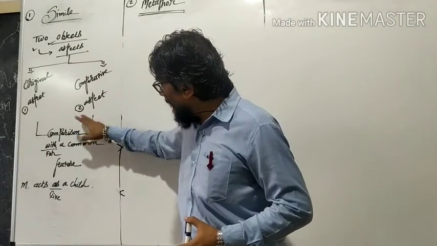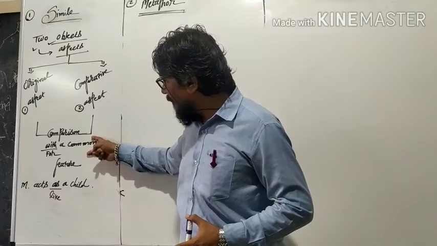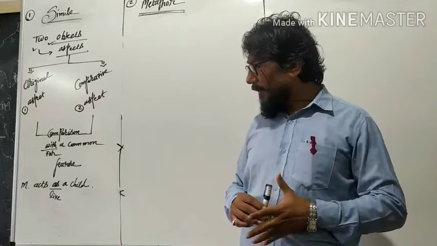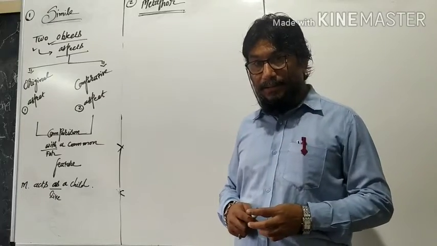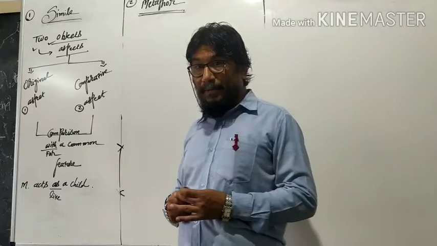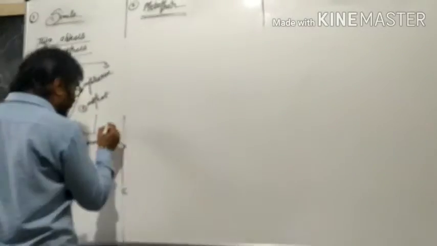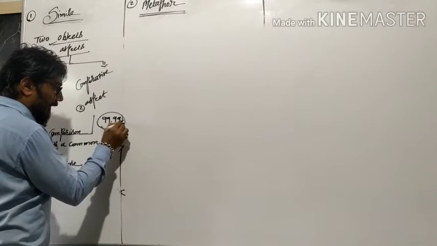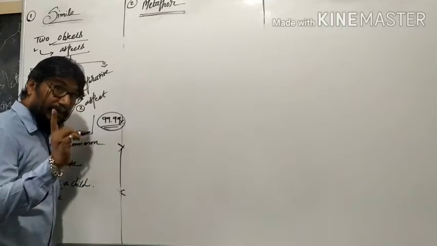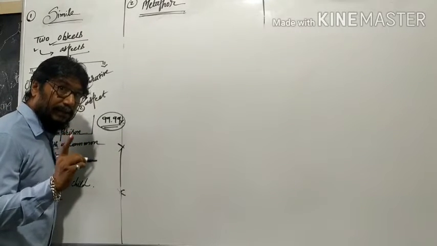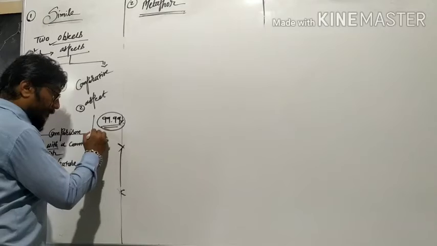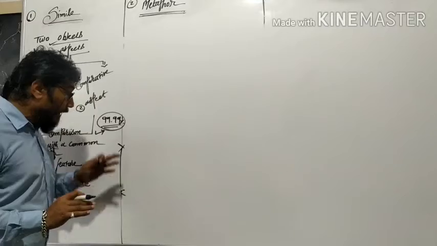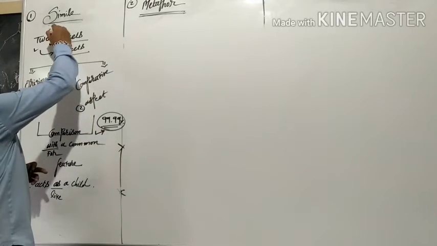And with that common characteristic, with that common feature, comparison will be given. Keep in your mind that this comparison can be for equality up to 99.99%, not 100%. If it is 100, then it will not be simile.